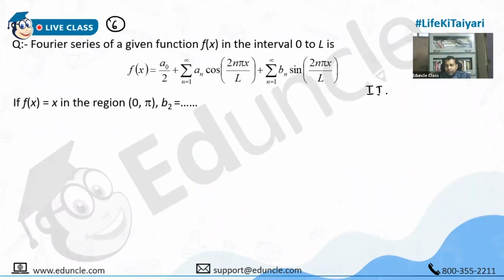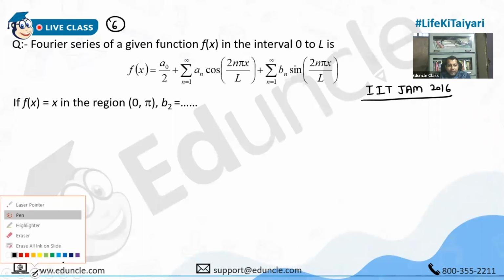So you can see there are at least two methods of solving each question in Fourier series. One is the shortcut one, other is the lengthy one. So it is entirely up to you which method you want to use.